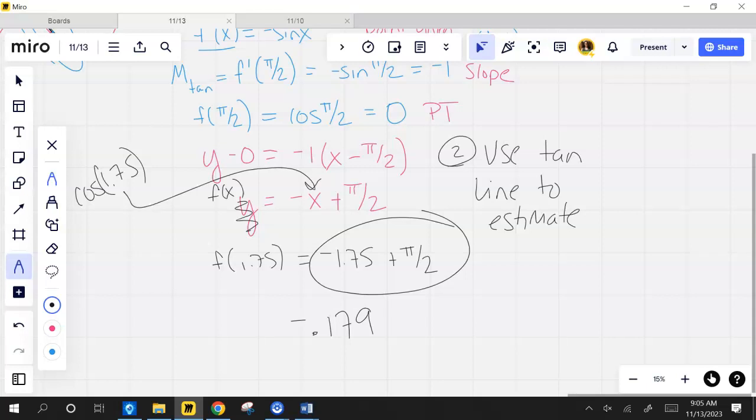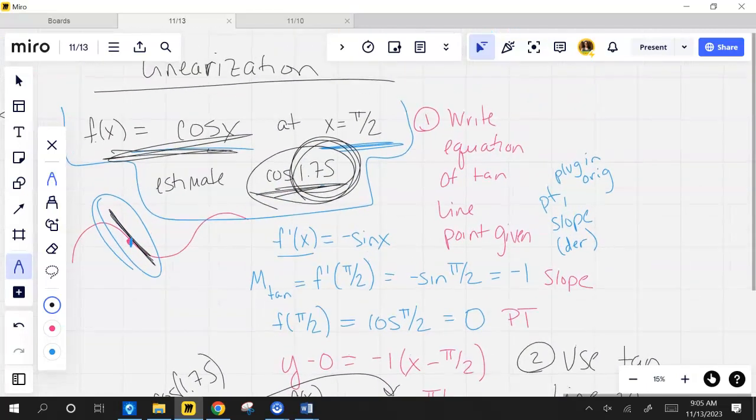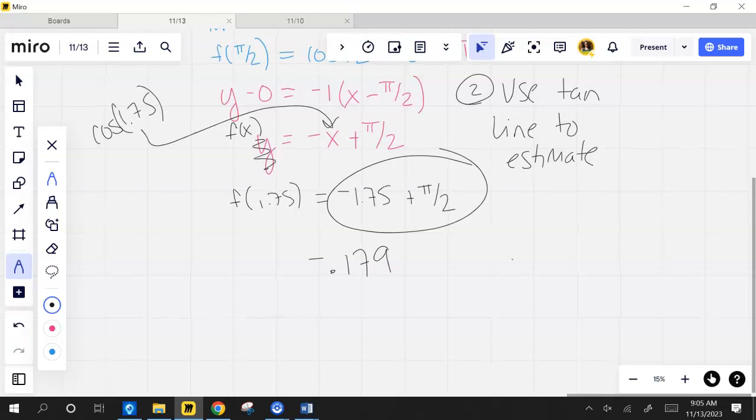If I go back to the original equation, remember that original equation was just f of x equals cosine x. What is f of 1.75? So use your calculator to do cosine 1.75.